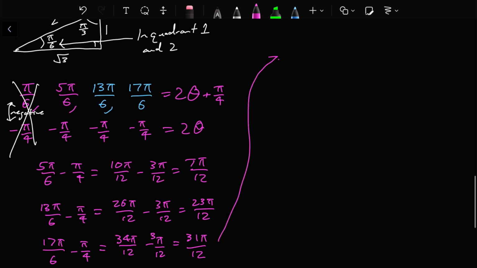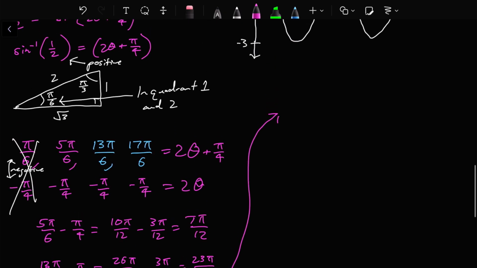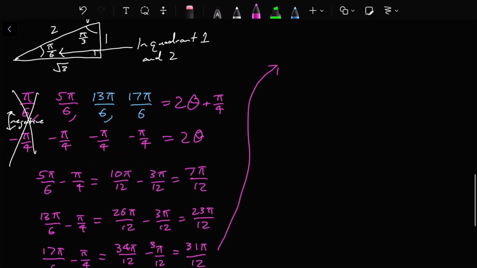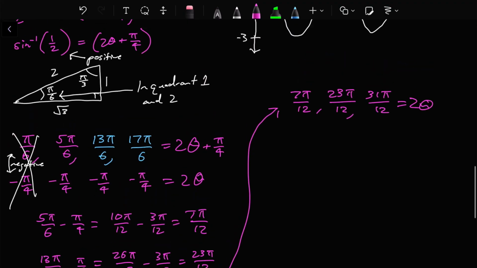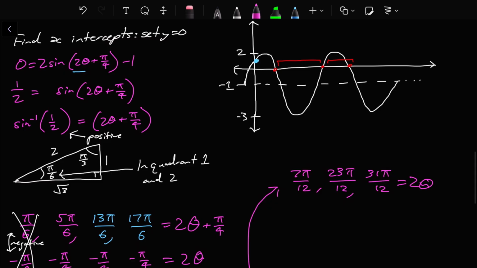We'll go up this way. We'll do our y-intercept underneath. So we get 7 pi on 12, 23 pi on 12, and 31 pi on 12 is all equal to 2 theta. Okay. Notice that those intervals are consistent, which makes sense, right?